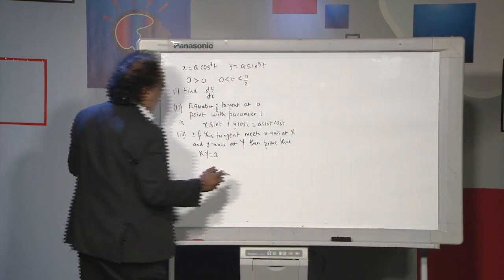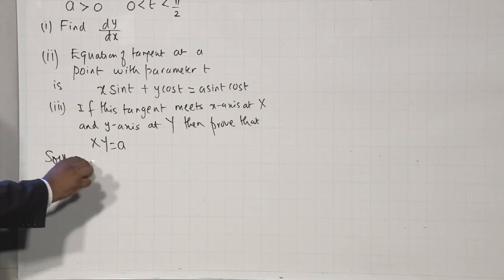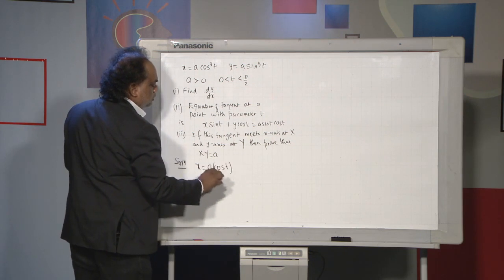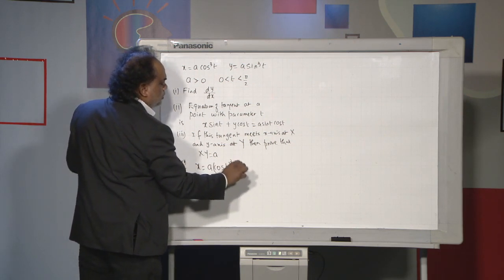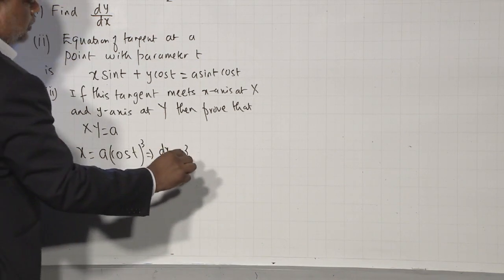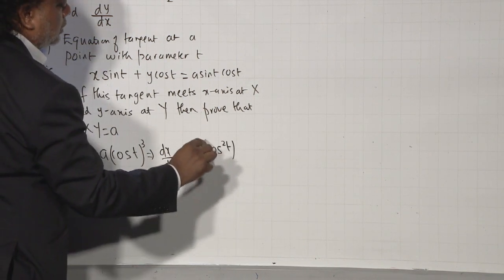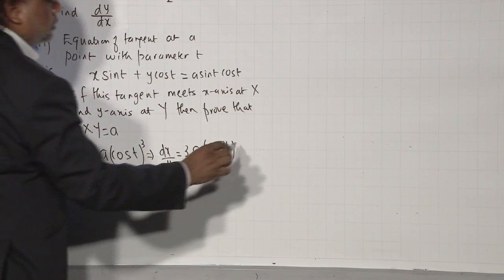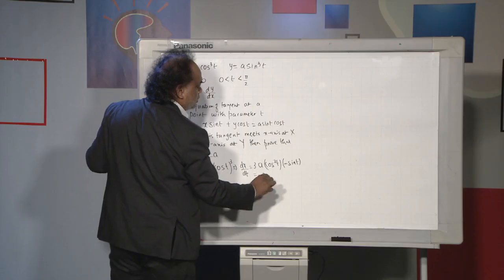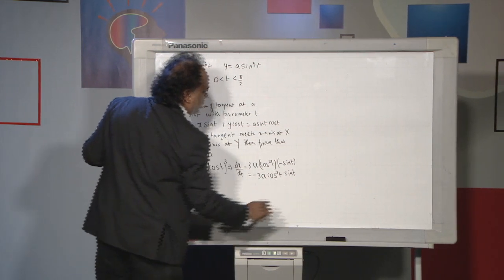Now, solution. x equal to a cos t power 3. It means dx by dt will be equal to what? 3a cos square t, differentiate cos, minus sine t. So this becomes minus 3a cos square t sine t.